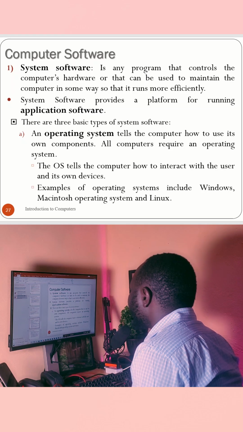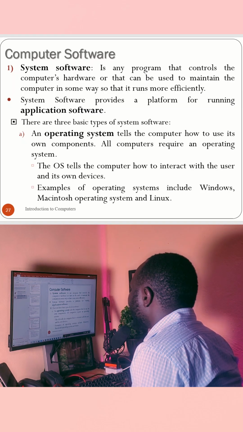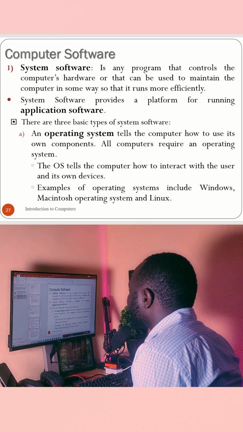The hardware of a computer and the application software, for you to install them, they have to sit on the system software, and for you to use and interact with the hardware components of the computer, you still need the system software. Let's look at it in this way. You have your computer, you have your hard disk inside, which is 500 GB.